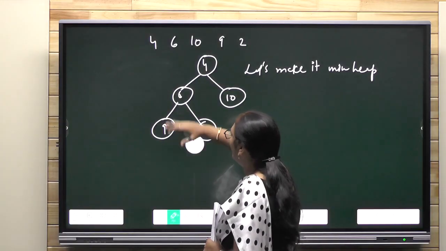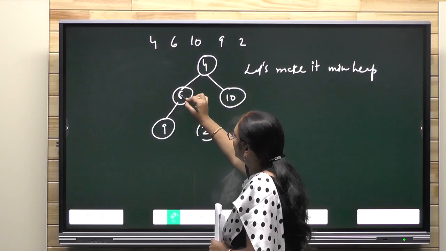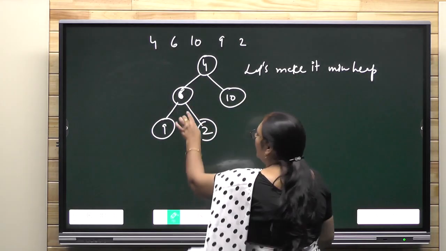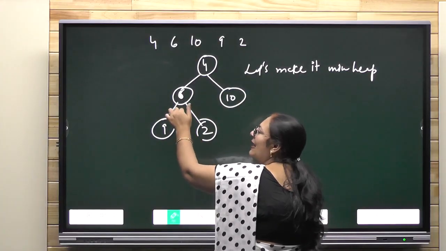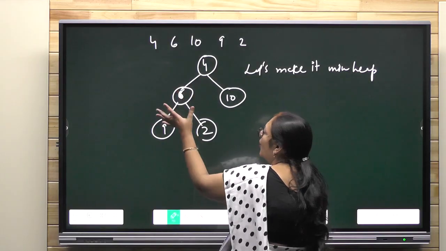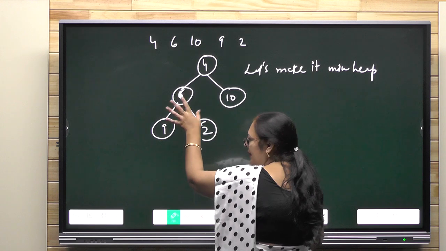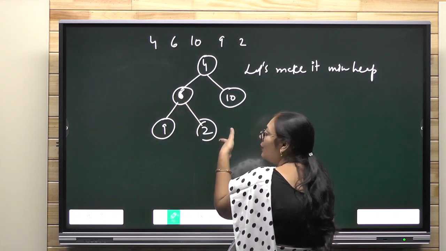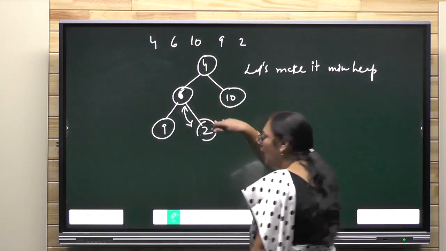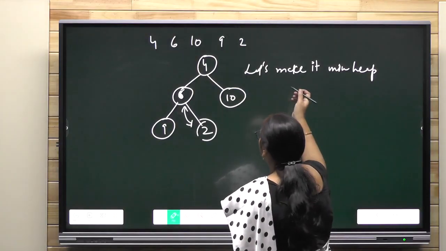This is the leaf node level, and this is the other level. We check here at 6: because we are making a min heap, we have to check whether it is less than its children. 6 is less than 9, but 6 is not less than 2, so you have to interchange their positions. The child takes the place of the parent and the parent takes the place of the child.